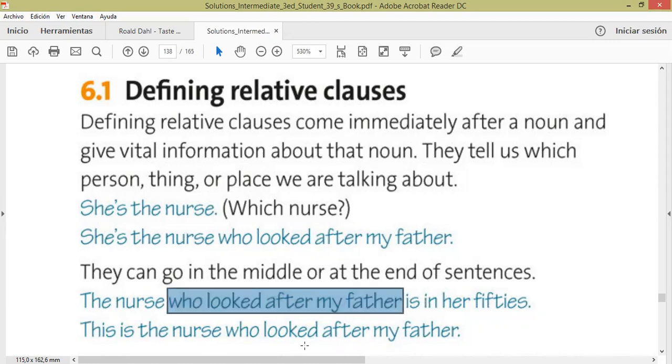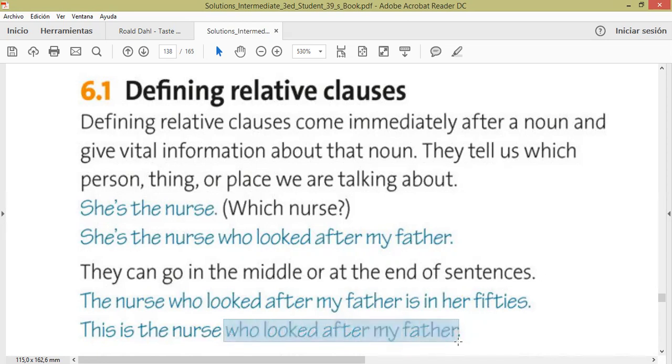Let's take a look at the second example. This is the nurse who looked after my father. In this case, the defining relative clause comes at the end of the sentence.